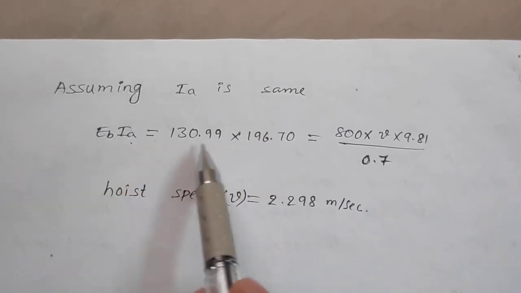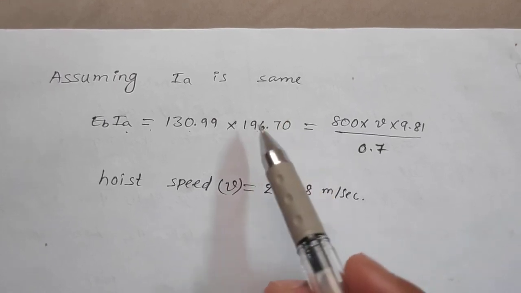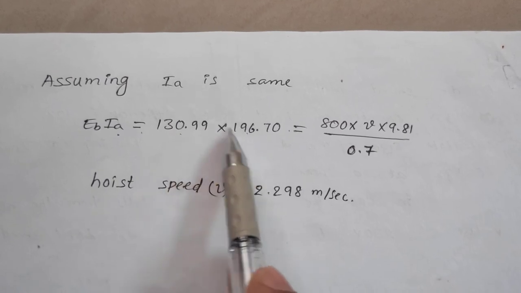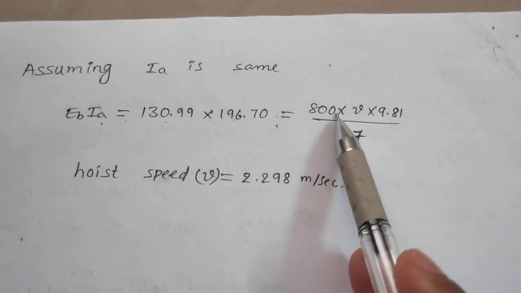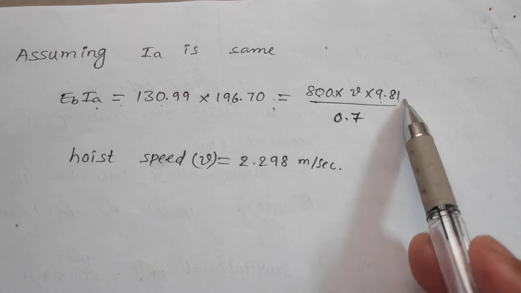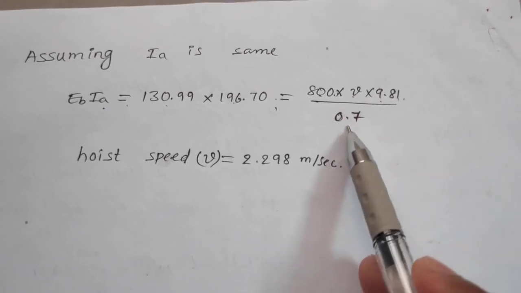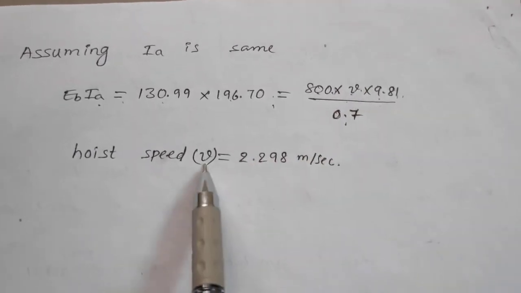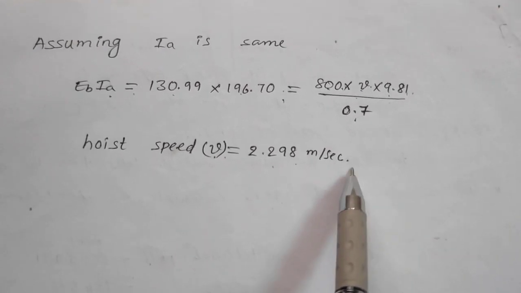So EB2 into IA, that is 130.99 into 196.7, is equal to F into V by efficiency, where F is mg, 800 into 9.81, and V is the new velocity. By solving this equation, V is the only unknown value, and we get the hoist speed V equal to 2.298 meters per second.